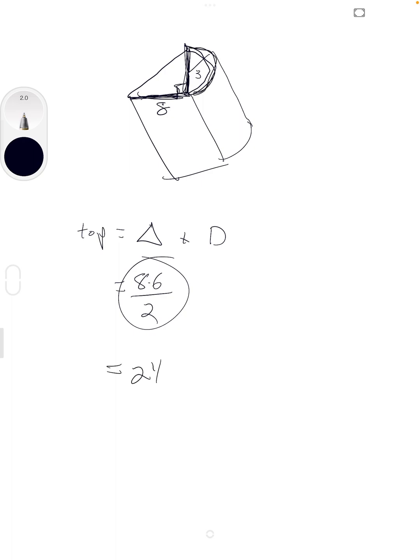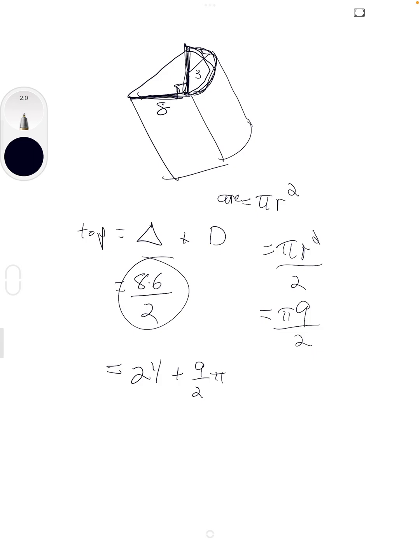The area of the half circle, well, we know that the area of a circle is pi r squared. Since this is half a circle, it's going to be pi r squared divided by 2. So in this case, it's pi times 3 squared, which is 9, over 2. Your book will usually give you the answer as 9/2 pi.